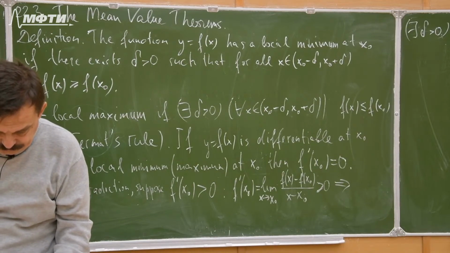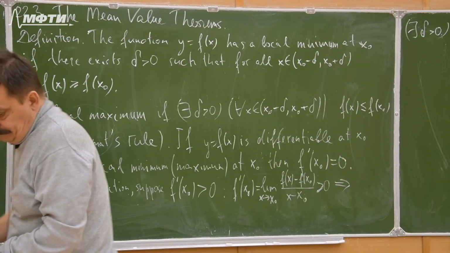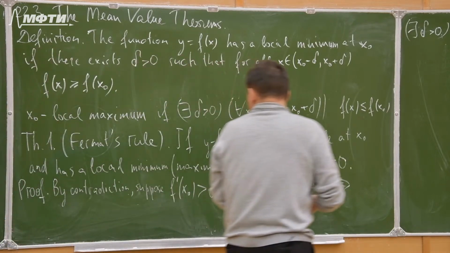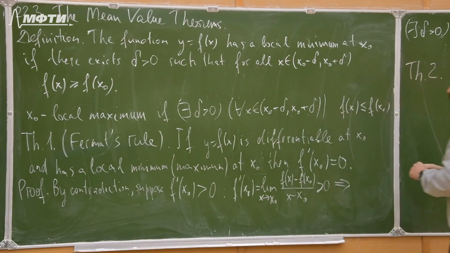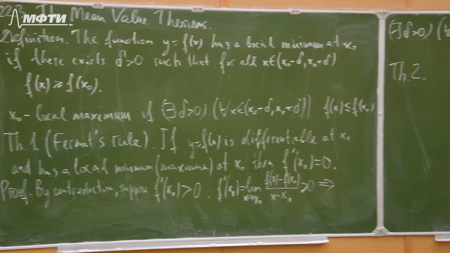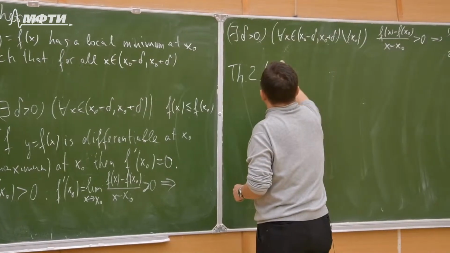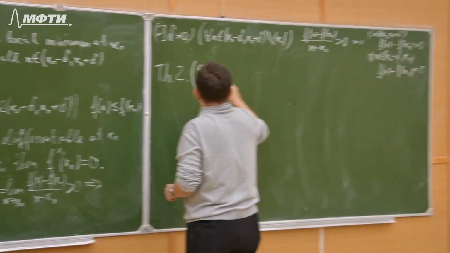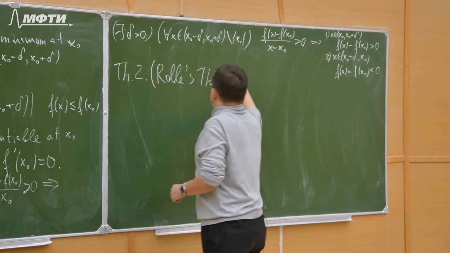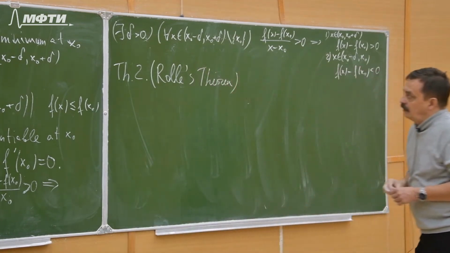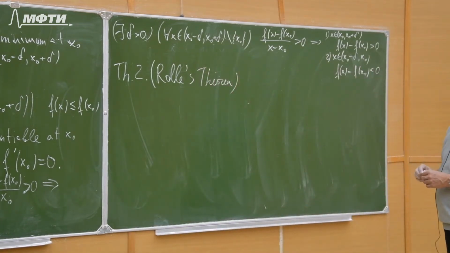So now, next theorem, Theorem 2, that is the first mean value theorem, which is called Rolle's theorem.